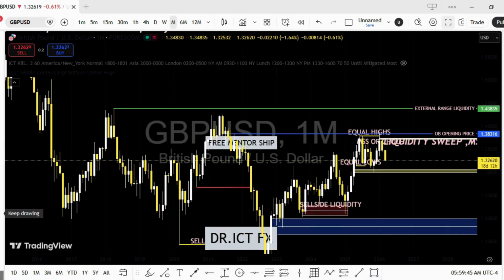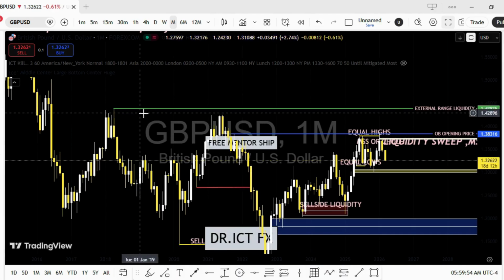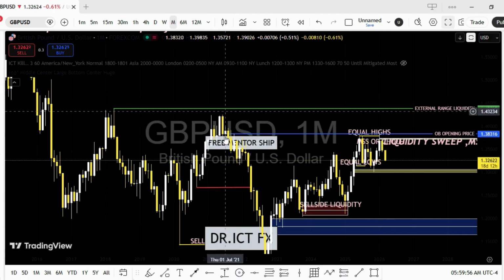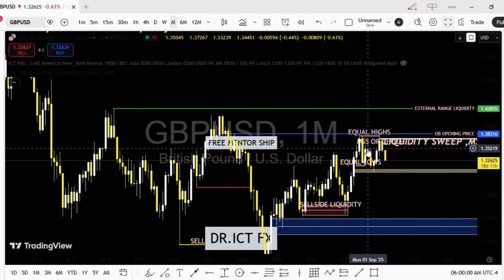So let me try to show this. As I've told you above, I've already showed you. So look at this price where we are here. This price here where I'm putting my cursor, we are in the deep premium zone. So if you are in the deep premium zone, what do you have to look for? I've talked about order blocks, fair value gaps.